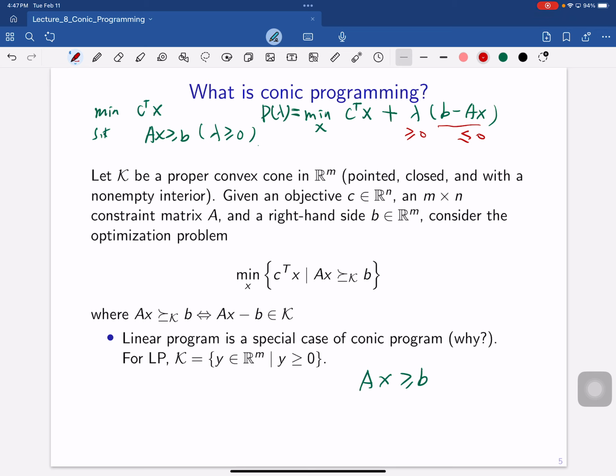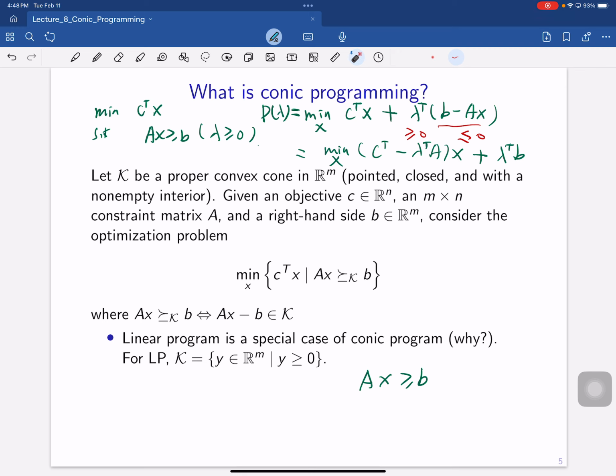Then it is already a lower bound, but now you are minimizing over x. Let's gather the linear terms, which is C transpose minus lambda transpose A times x plus lambda transpose B. Since x is unconstrained after you dualize the inequality constraint, this term must be 0, otherwise it will go to minus infinity, and we are not interested in a trivial lower bound.